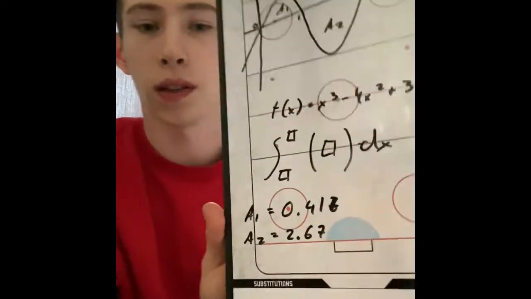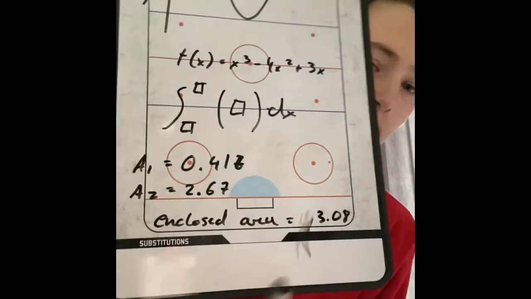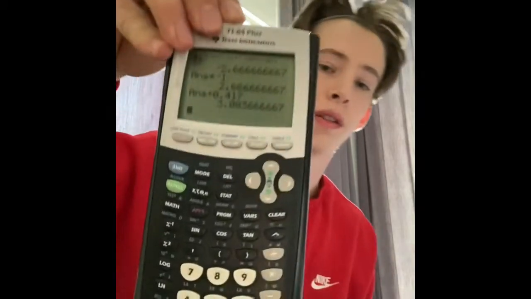So it's 2.67, again three significant figures. And that's a2, and now we will add a1 and a2 together. This is our final solution.